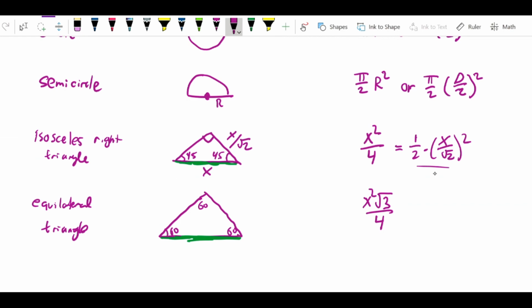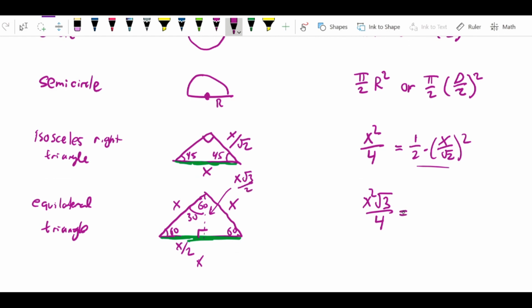For an equilateral triangle, the area is x squared root 3 over 4. The way we would get that is we'd say that if it's equilateral, then each side is of length x. If I break this in half, this is going to be x over 2. So you can see that I've broken the equilateral triangle into two 30, 60, 90 right triangles. That makes the altitude here x root 3 over 2.